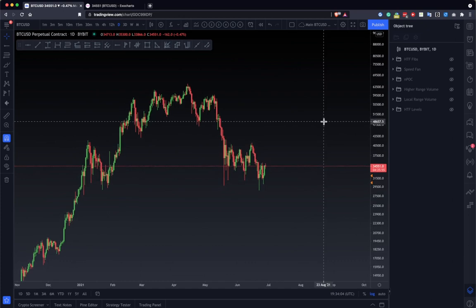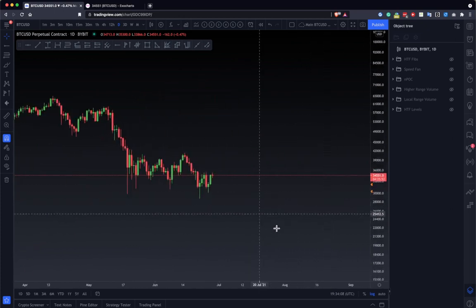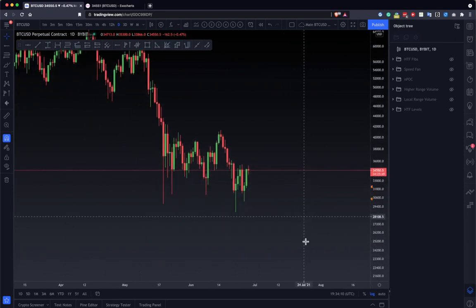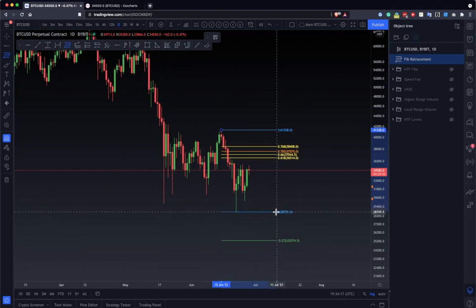So we have our FIB levels, and you have more trades here. You might have longs and shorts here as well. I'm talking only about swing trades, and all my analysis is for swing trades.